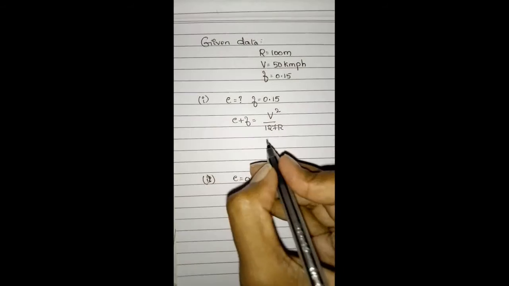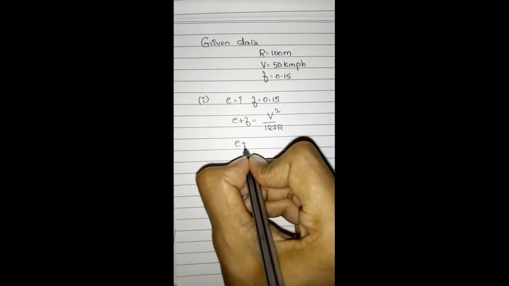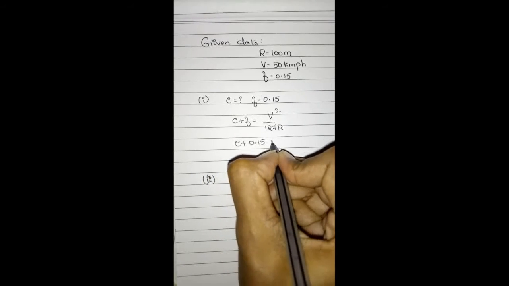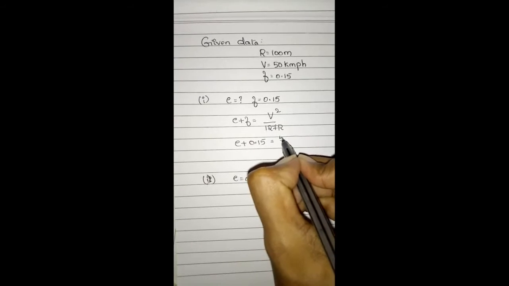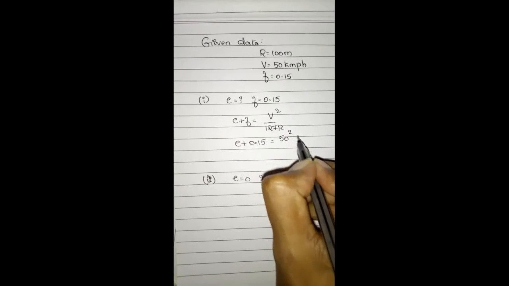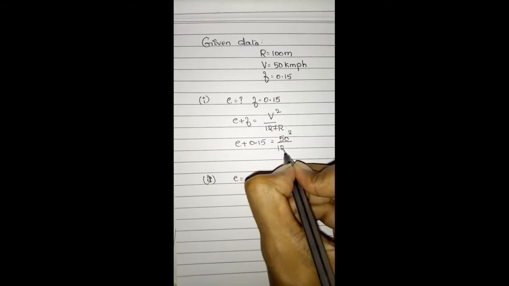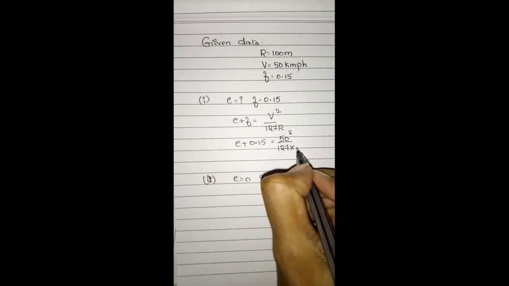We have to calculate the value of E, and we know the value of F, that is 0.15, and V value also we have, that is 50 km/h, that is 50 square divided by 127 into R, which is 100 meter.